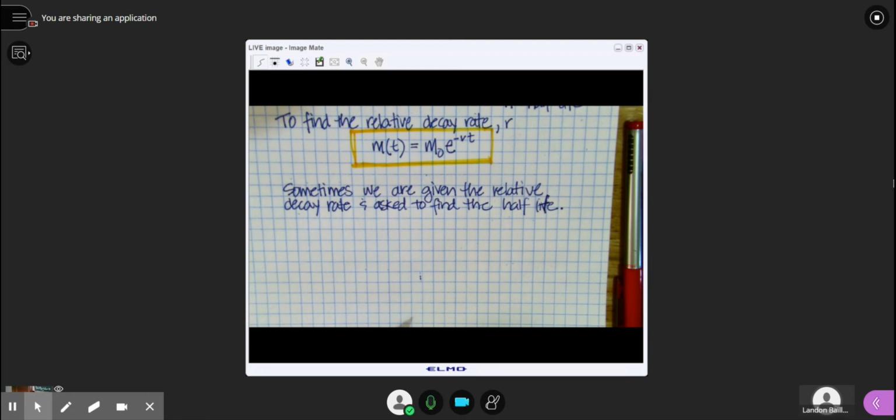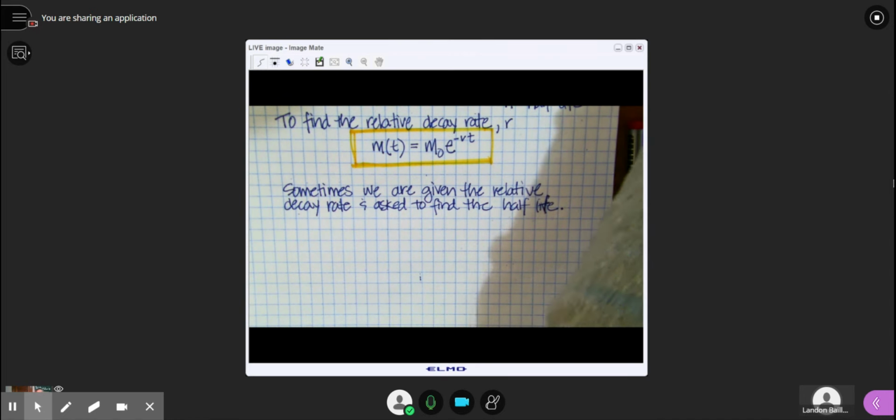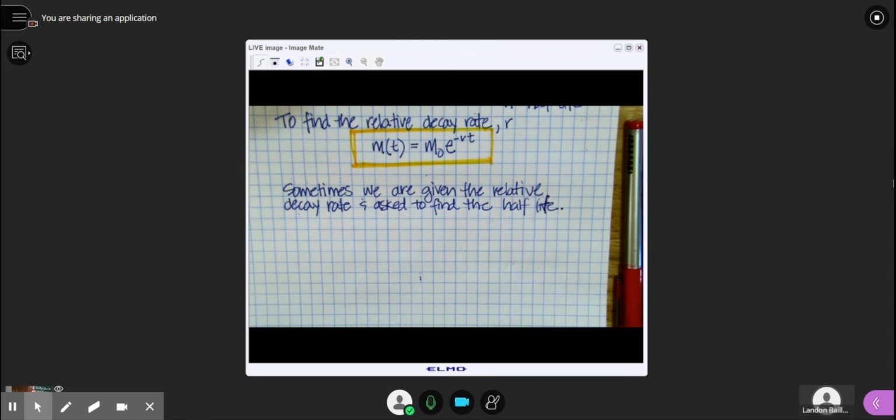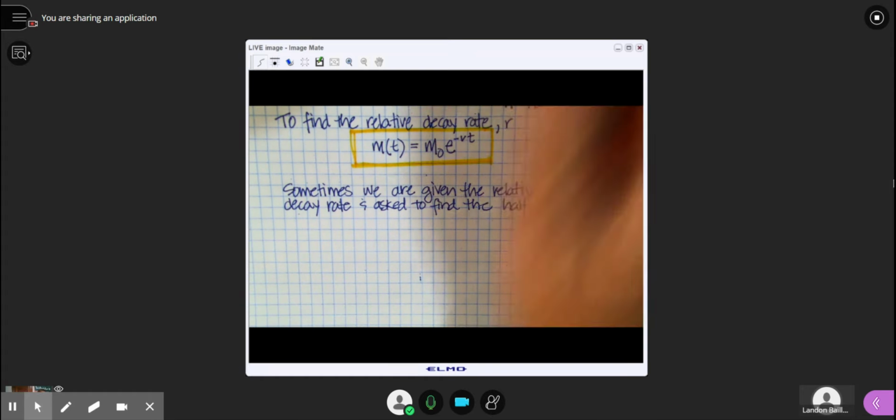So this would be something like, we're told it decays by 10% every 2 years. What would the half-life be? It's not as easy as just taking 10 times 5, because remember, you're taking 10% off each time. So it doesn't stack. Like you can't do 10, 20, 30, 40, 50. It just doesn't work that way.